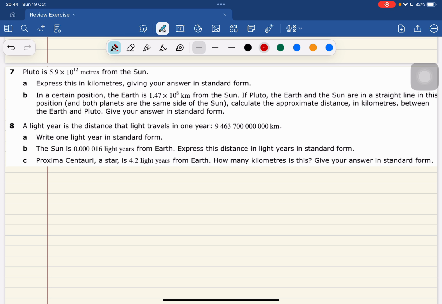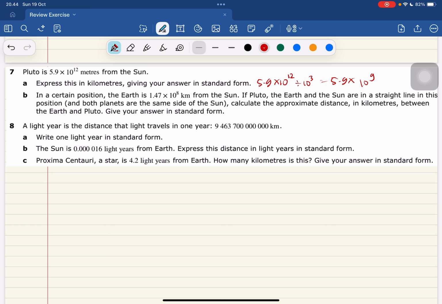Let's make it 5.9 times 10 to the power of 12, and we divide by 10 to the power of 3. So this is 5.9 times 10 to the power of 9. Okay, there we go, we got it.